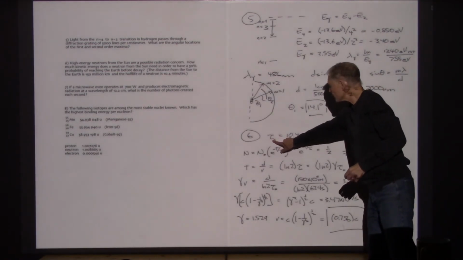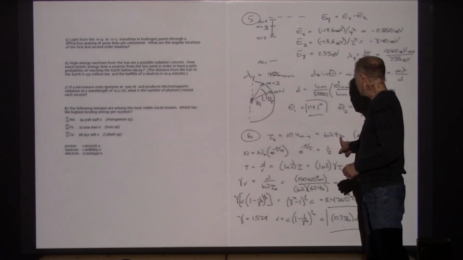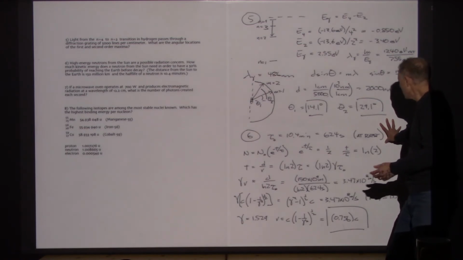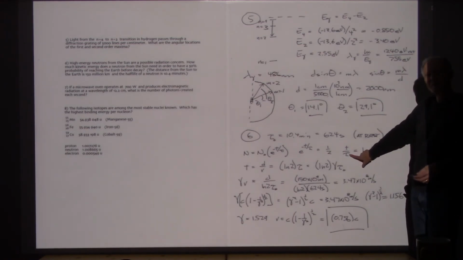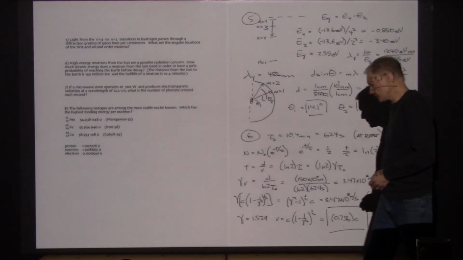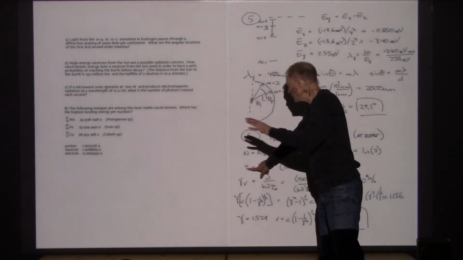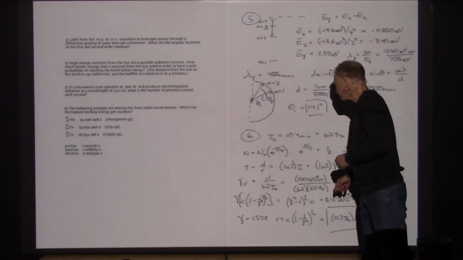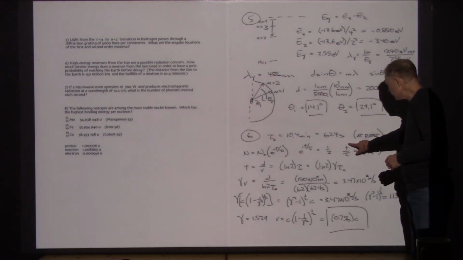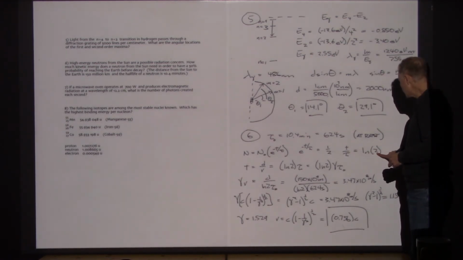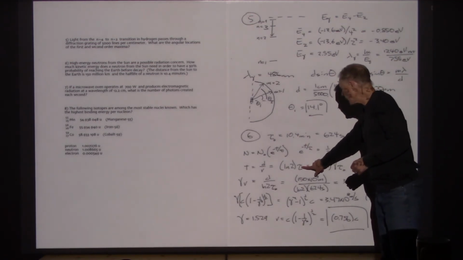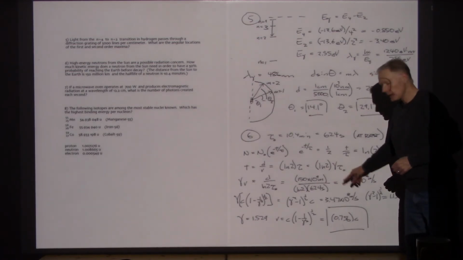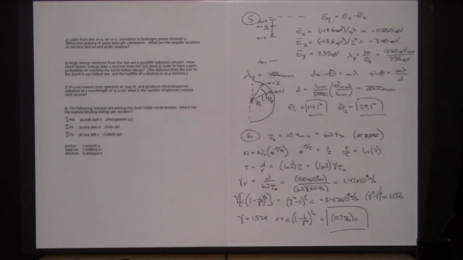Now, I called this the lifetime, the 624 seconds. That's in the rest frame of the neutron. But our tau is going to be time dilated. The time that it takes to reach Earth is going to be the distance divided by its speed. And up here, we're saying that t also can be written as the natural log of 2 times the lifetime, and then that lifetime needs to be time dilated because of relativity.